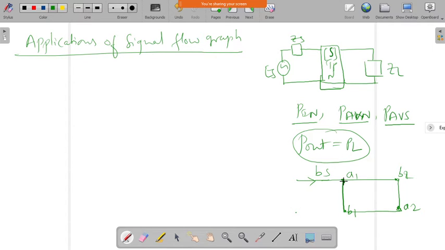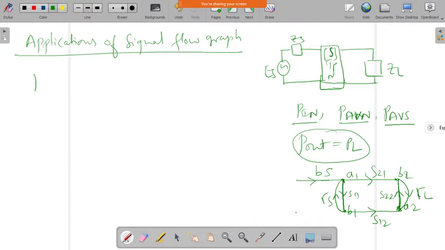Here we have S11 and gamma S, similarly S22 and gamma L, and here S12 and S21. So we know the signal flow graph for this network.